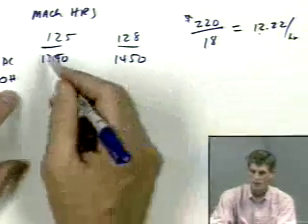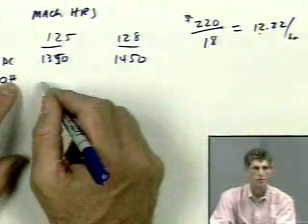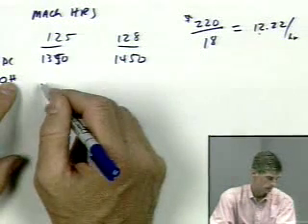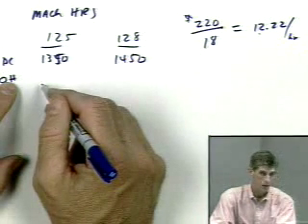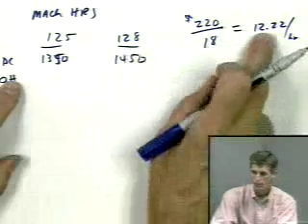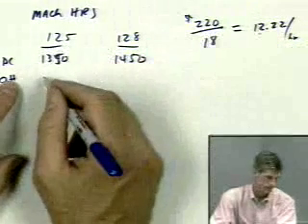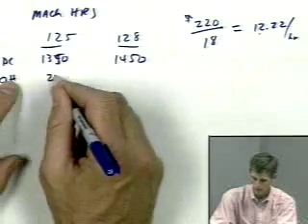Now, how many machine hours does Project 125 use? It uses 20. 20 times 12.22 is what? 244.40.